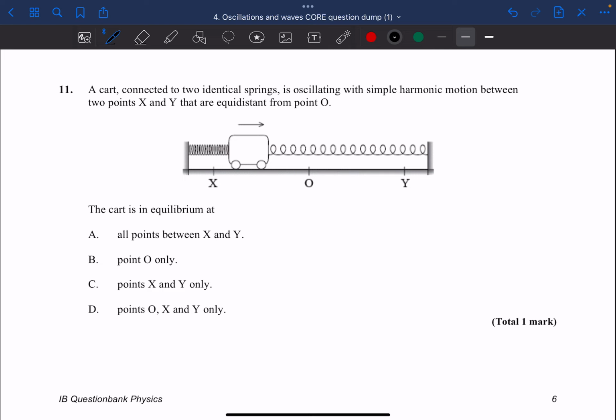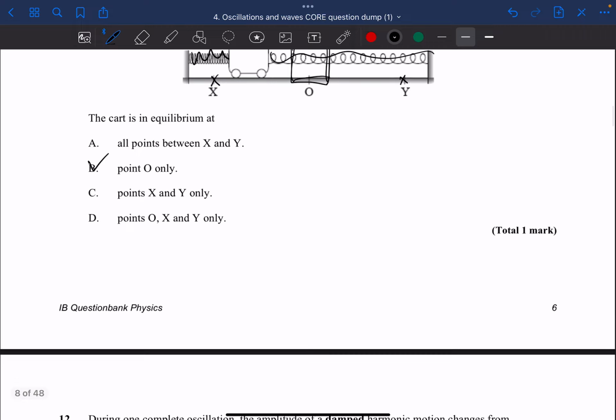Equilibrium can be only achieved in the middle position, where the net force can be 0, because in position X and position Y the net force would not be 0, because there would be tension due to these springs and this spring.